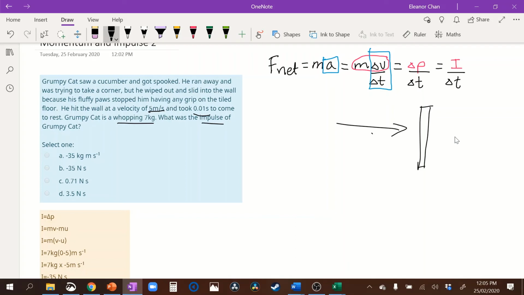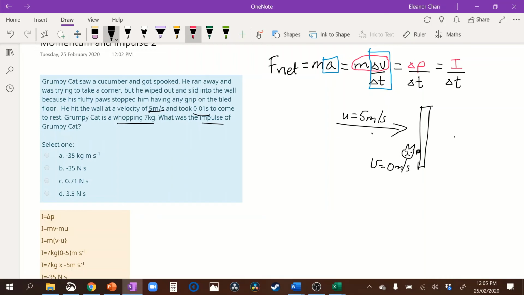So, initially, he's approaching the wall at 5 meters per second. And then Grumpy Cat comes to rest at the wall. So Grumpy Cat's final velocity is going to be 0 meters per second. Okay?